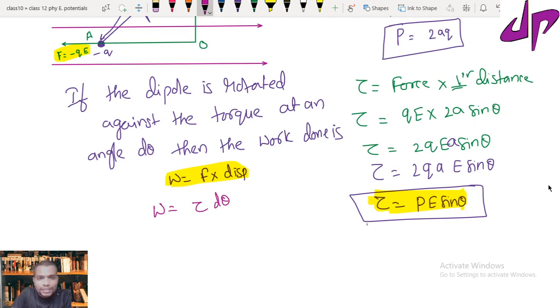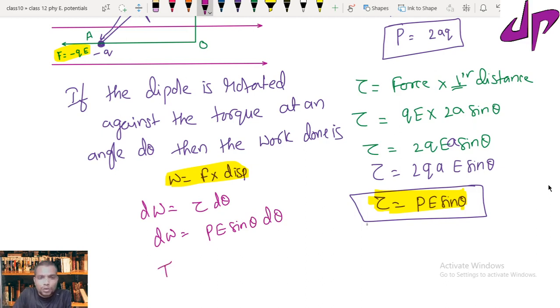Now to rotate a small angle dθ, we need to do a small work dW. Now dW equals, you can substitute the formula τ = pE sin θ dθ.